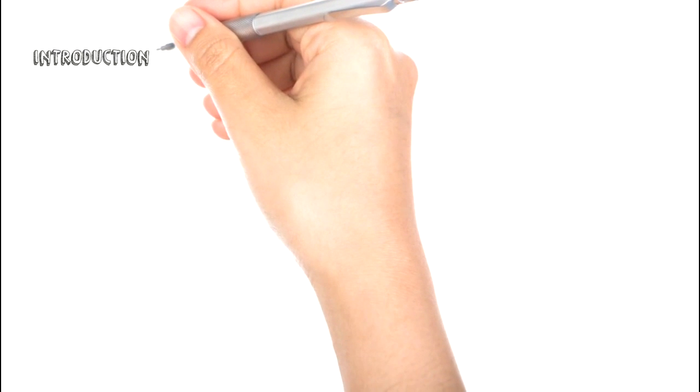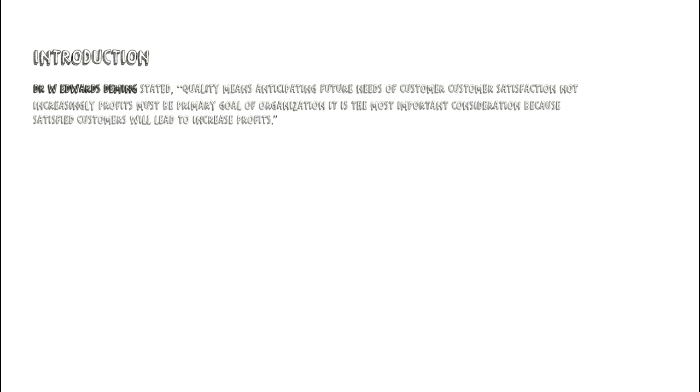Dr. Edward Deming stated quality means anticipating future needs of customers. Customer satisfaction, not increasing profits, must be the primary goal of the organization. It is the most important consideration because satisfied customers will lead to increased profits.